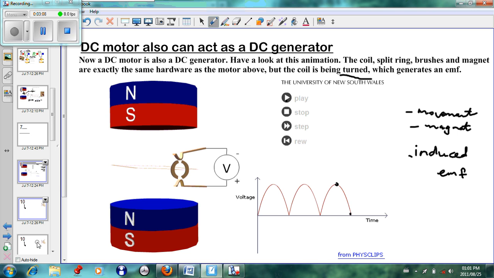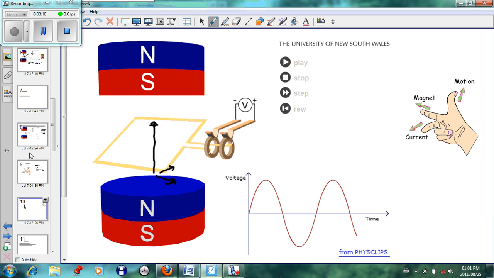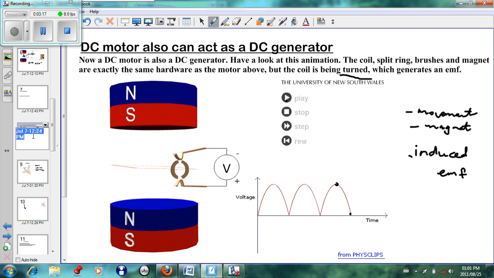Now the other option is we get alternating current. If you compare the direct current with the alternating current, and if you compare this generator to this generator, we see that there is a significant difference. The DC generator has a split ring commutator.